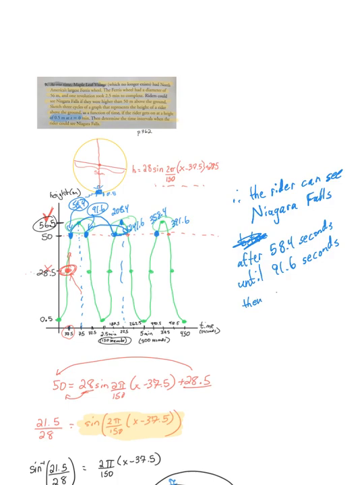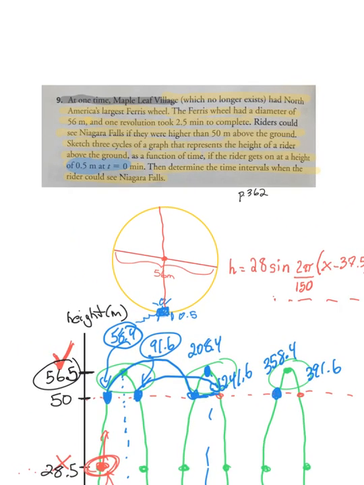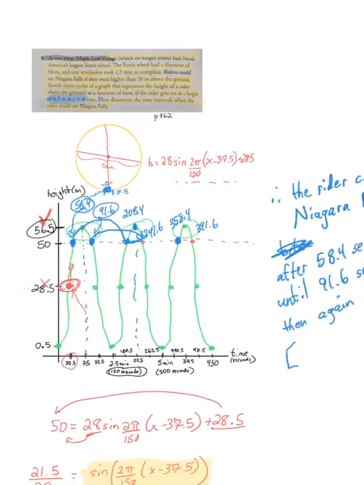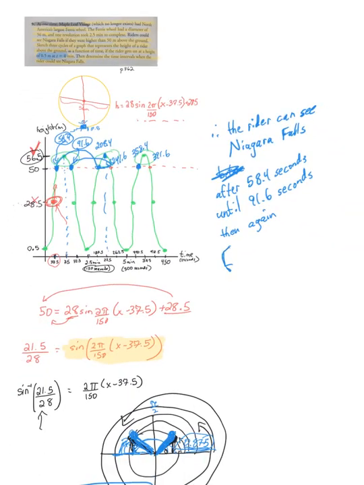Then again, does he have to be over 50, or is 50 good enough? They are higher than 50, so this should be an open bracket.